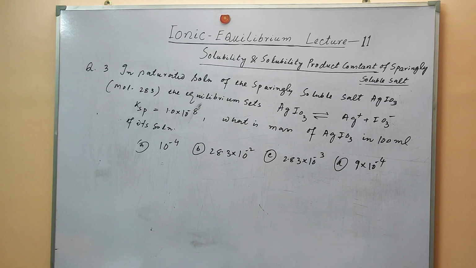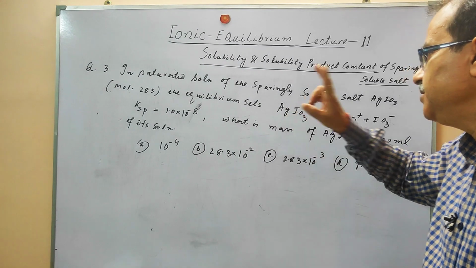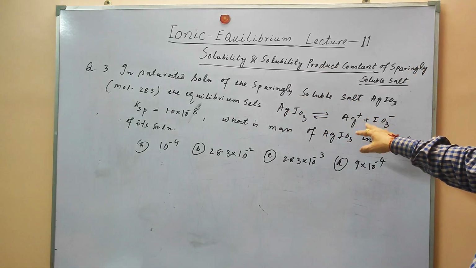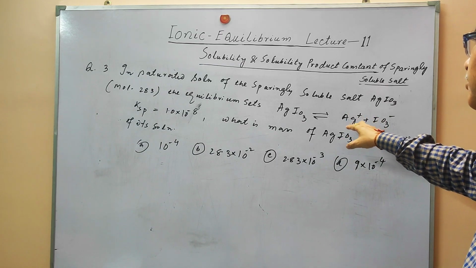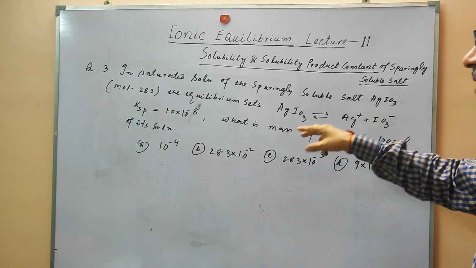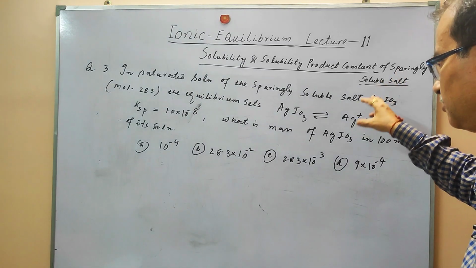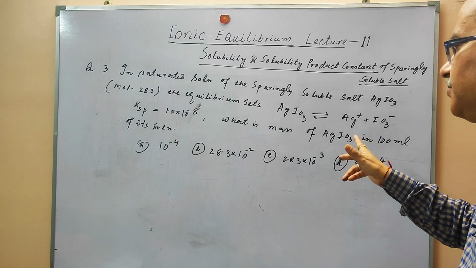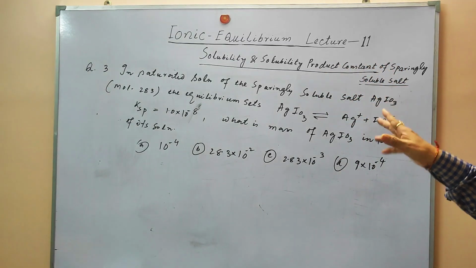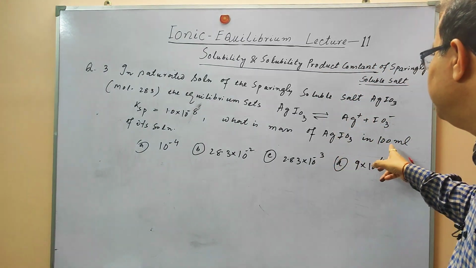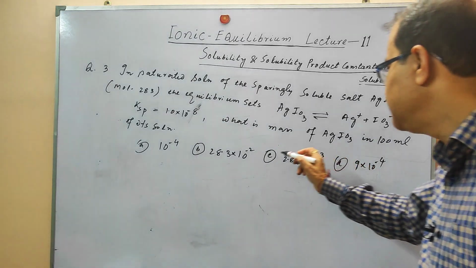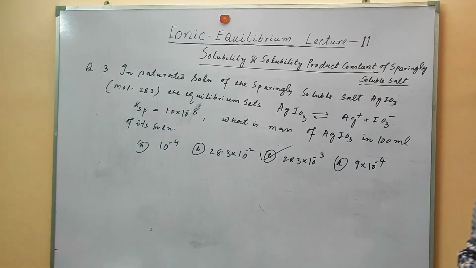From the solubility product we can calculate the molar solubility of AgIO3. Then, 1 mole means 283 grams, and we calculate how much will be present in 100 milliliters of the solution. So this option will be C, which you can do yourself.